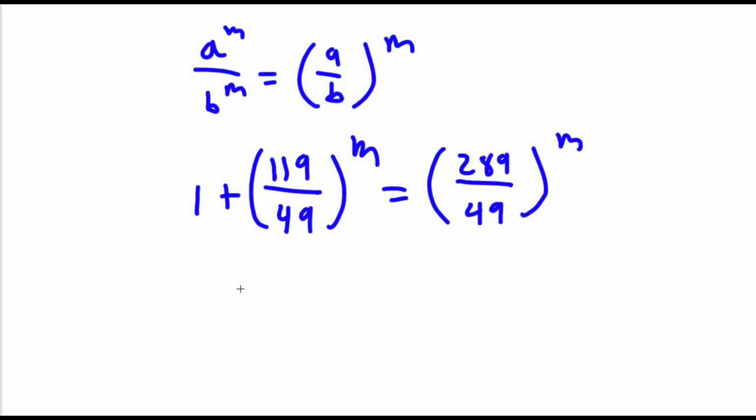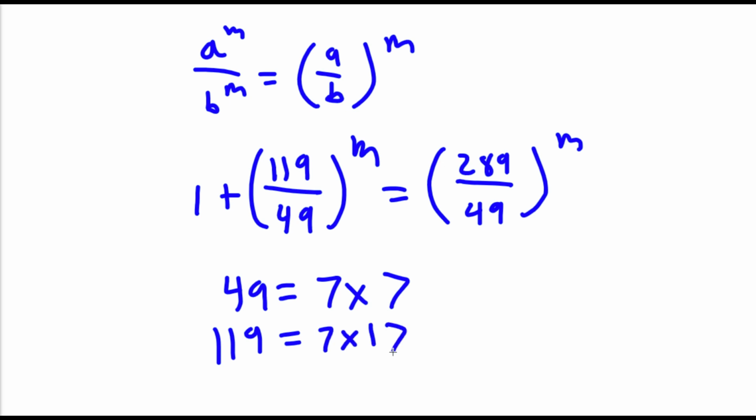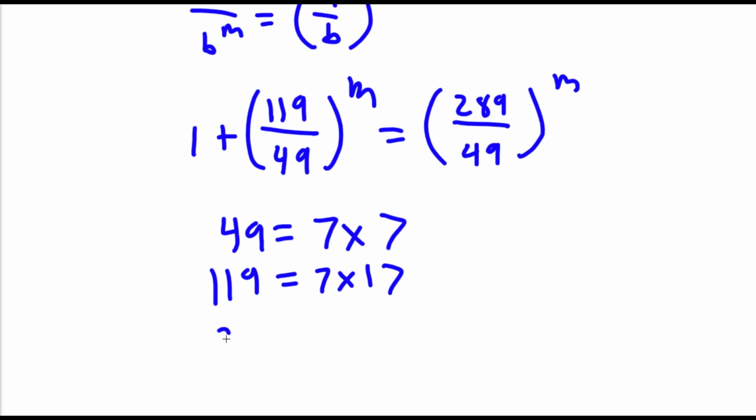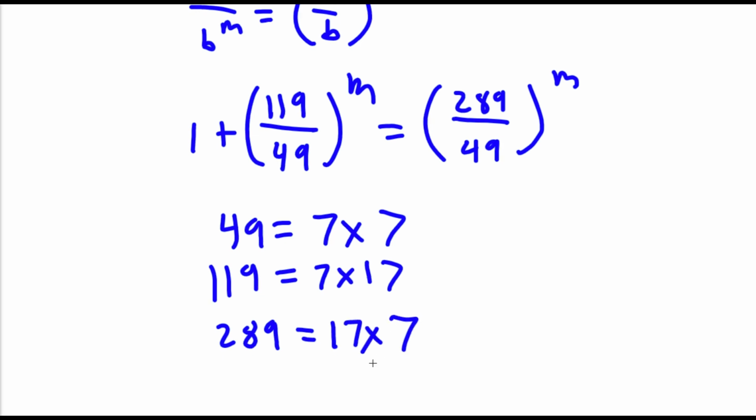Now, 49 is equal to 7 times 7, right? 119 is equal to 7 times 17. And 289 is equal to 17 times 17.